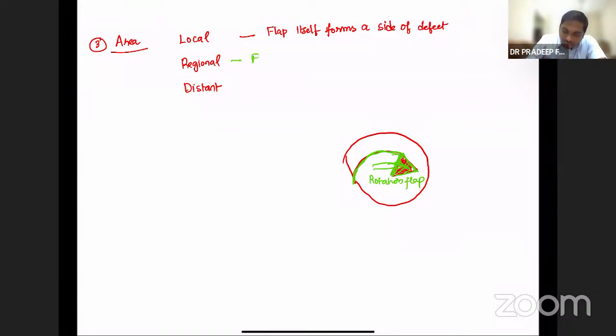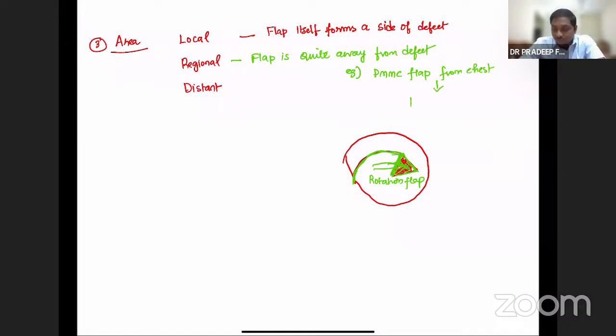A regional flap is quite away from the defect. For example, you are harvesting a pectoralis major myocutaneous flap from the chest, and it will be tunneled towards the neck to reach the oral cavity.